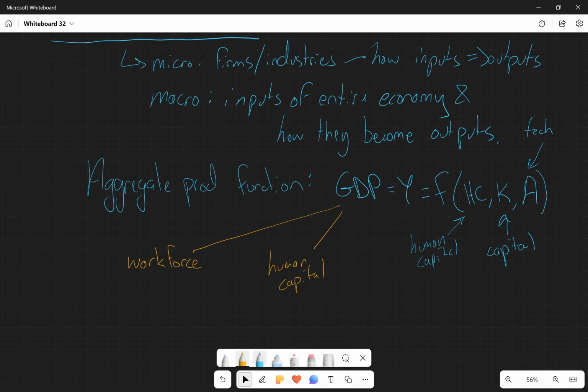Oh, right, sorry. I actually made a mistake over here. So workforce, right? Workforce is going to be L. And so that means that in this function over here, we're going to have an L as well that's talking about our labor force.